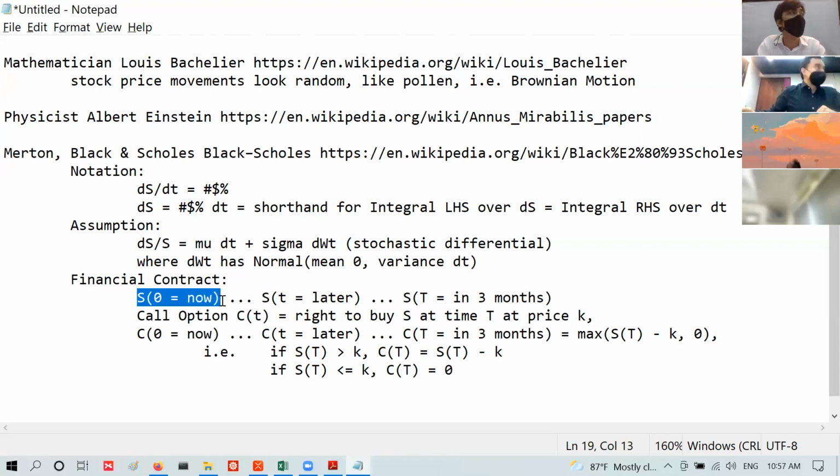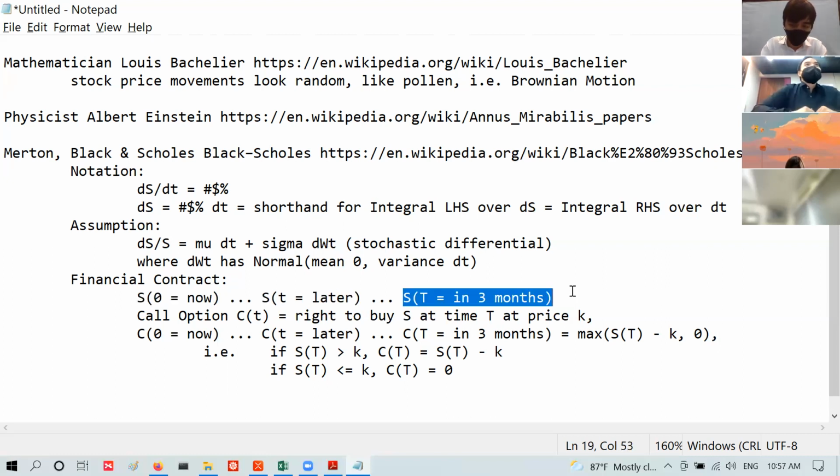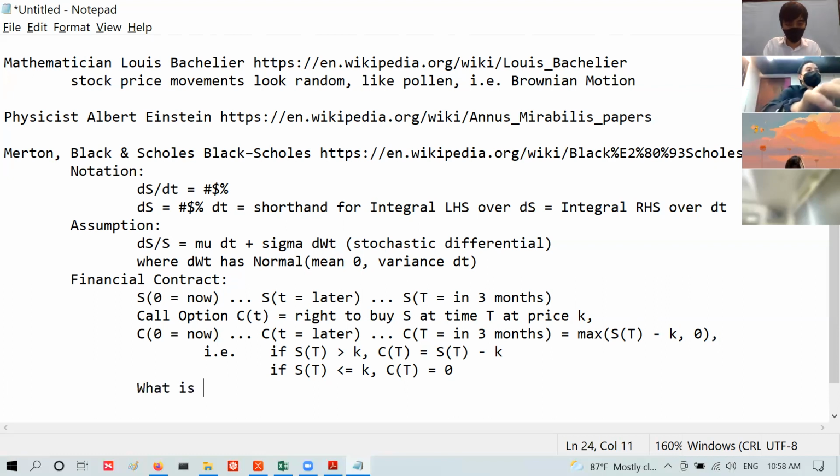Yes. Do you know what it is later? No, you don't. Do you know what it is in 3 months' time? No, you don't. What you know is that this is a promise. Right now you're only at time 0, so the only thing you don't know that you need to know is, what is C? That's what you want to know.